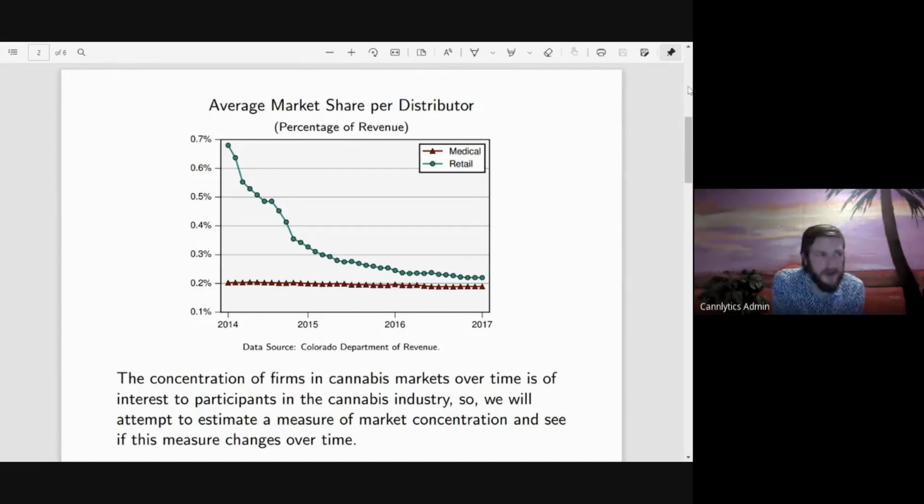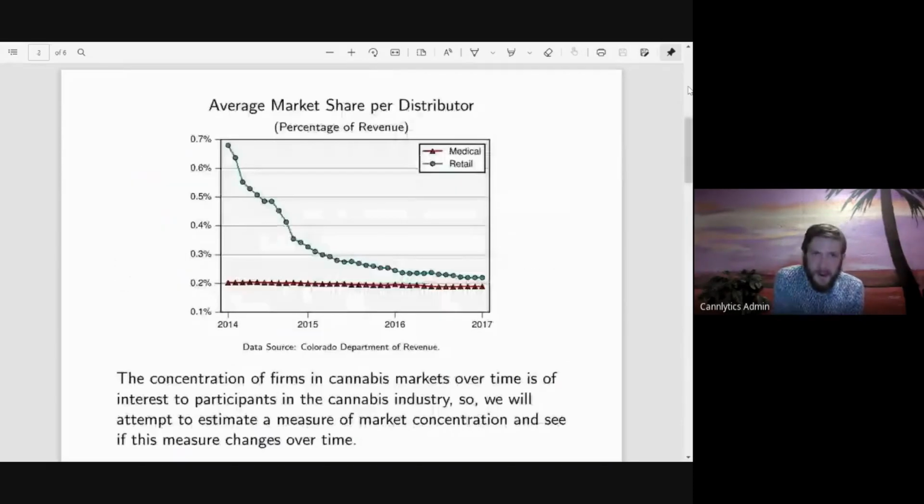This may not be representative since it's just an average, but if we plot it, we'll see that medical average market share is relatively constant and retail decreases from 2014 to 2017, indicating that the Colorado cannabis market is becoming more competitive over time. So we'll try to measure the market concentration and see if it changes over time.